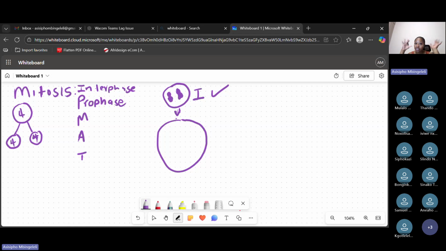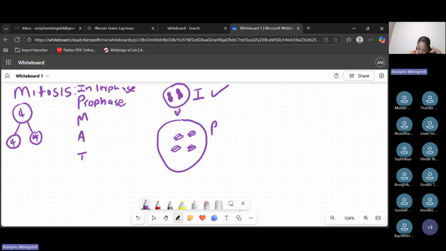These will be just the 46 chromosomes. What we see in prophase, I'm going to write P there, will be the chromosomes. These are the chromosomes. This is chromosome 1, and I said I'm going to use an example of 4 chromosomes. Chromosome 2, chromosome 3, and chromosome 4.